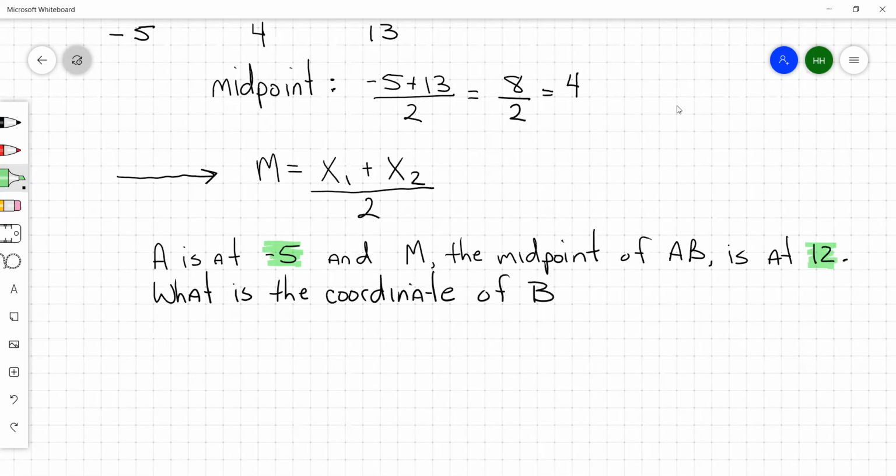You need to find B. So just take this formula and substitute. The midpoint is at 12. So you just say 12 is equal to, A is at -5. So it's -5 plus, you can call it X sub 2 or you can call it B. I'm just going to use B, divided by 2.